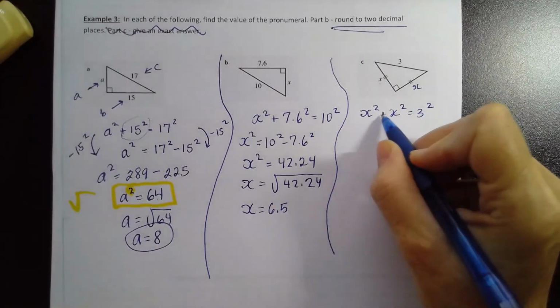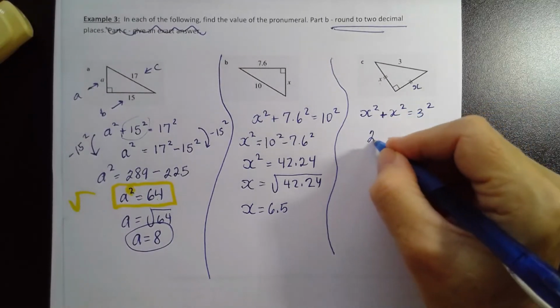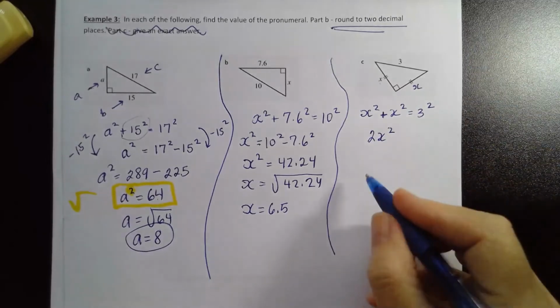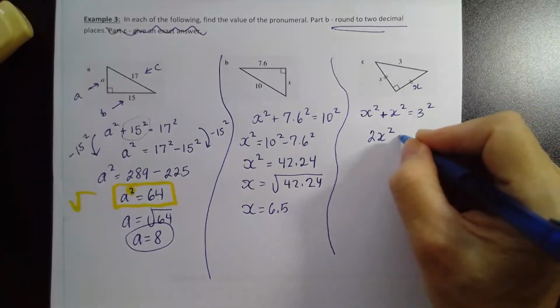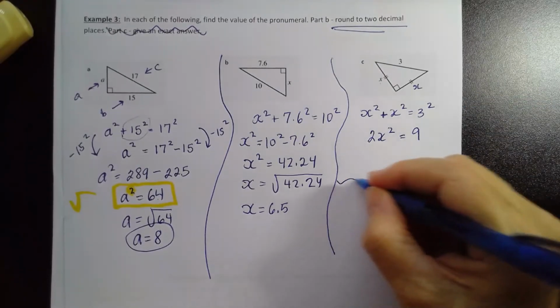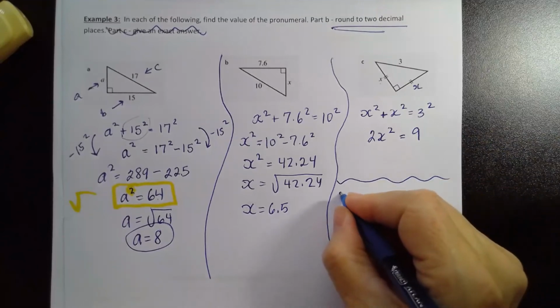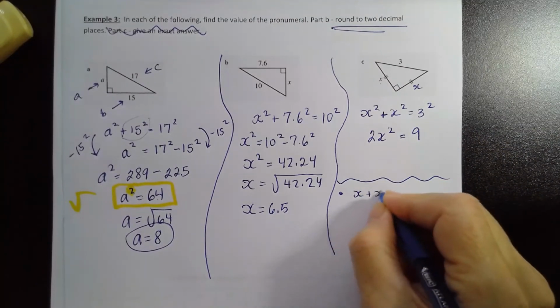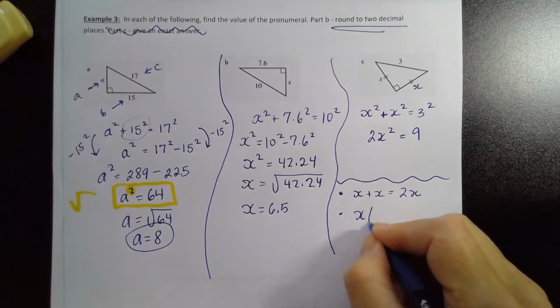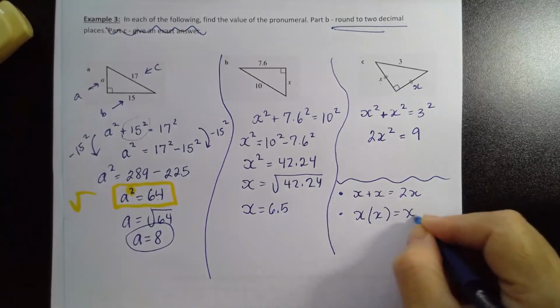When you have an X squared plus an X squared, it's 2X squared. So many people, even the smartest of kids, get confused by this. I'm going to square the 3, it's 9. They get really confused, and you just have to remember this, that x plus x equals 2x, and x times x equals x squared.